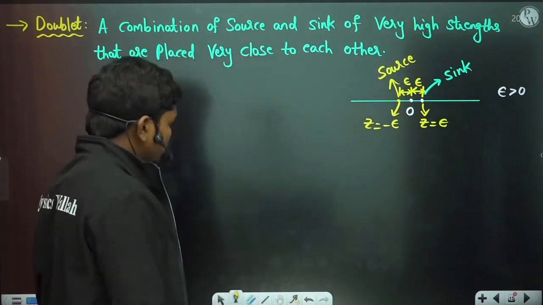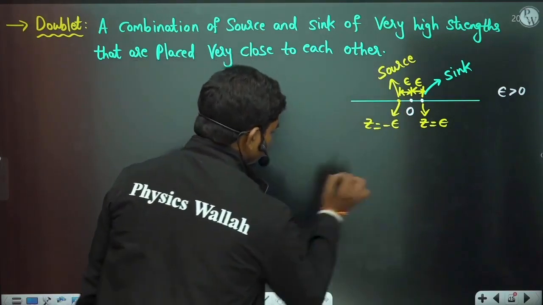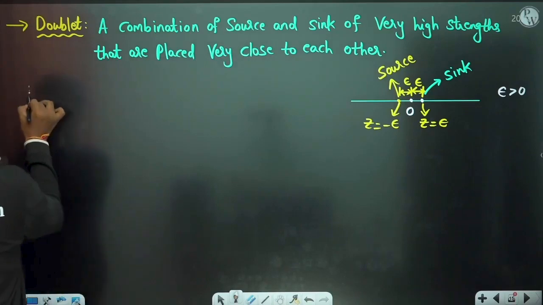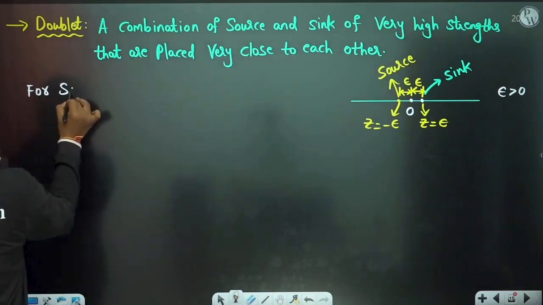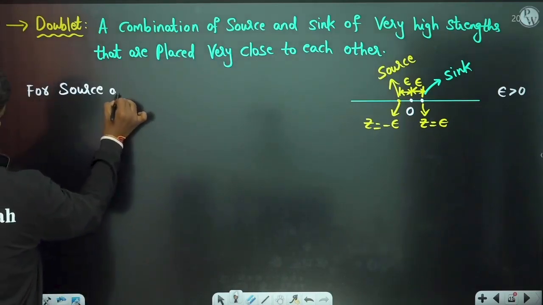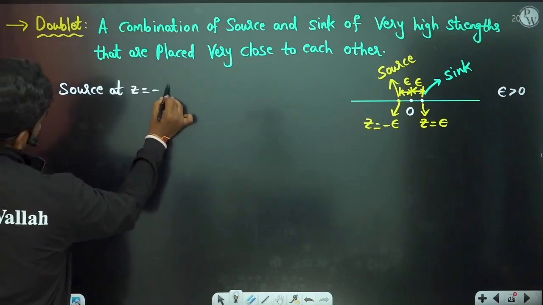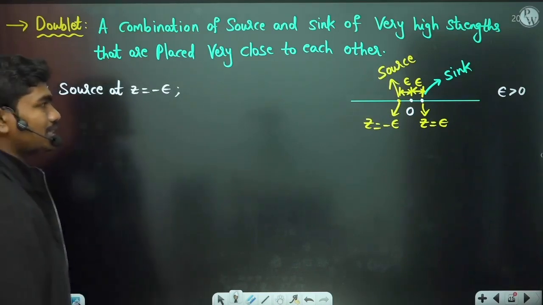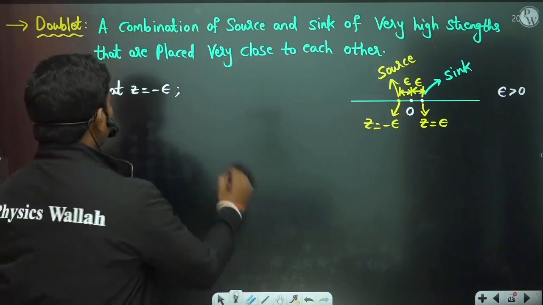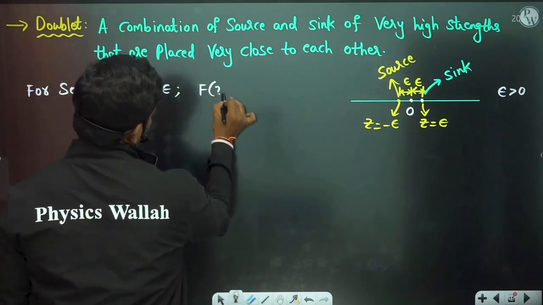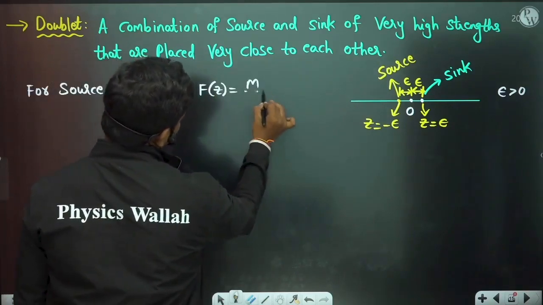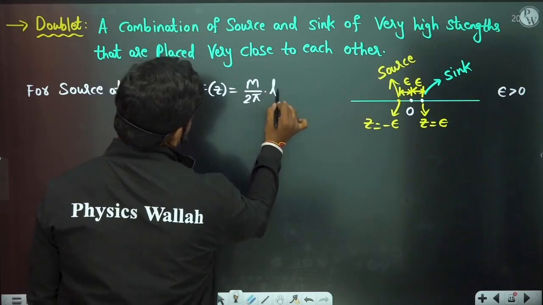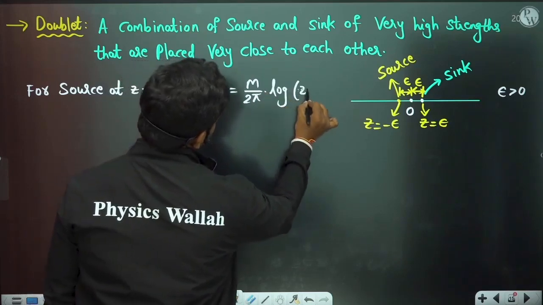Now, for a source at z equal to minus epsilon, f of z is equal to m by 2 pi times log of z minus z naught.